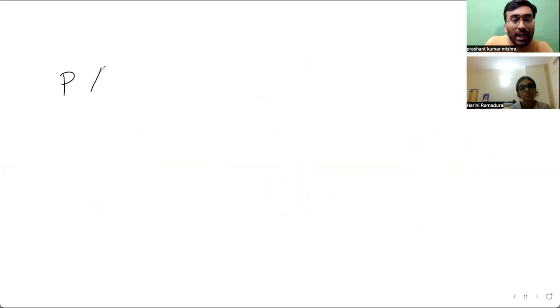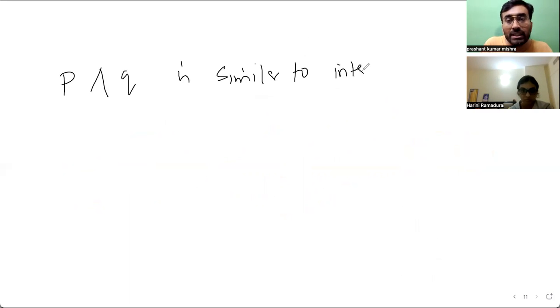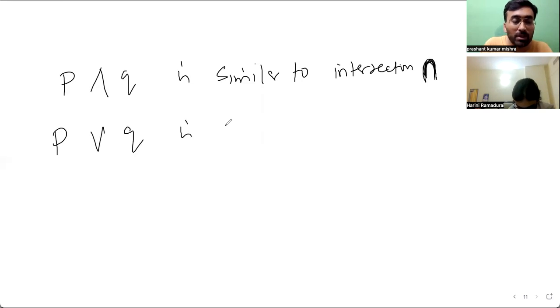So P and Q is similar to intersection. This is the intersection symbol. And P or Q is similar to union.